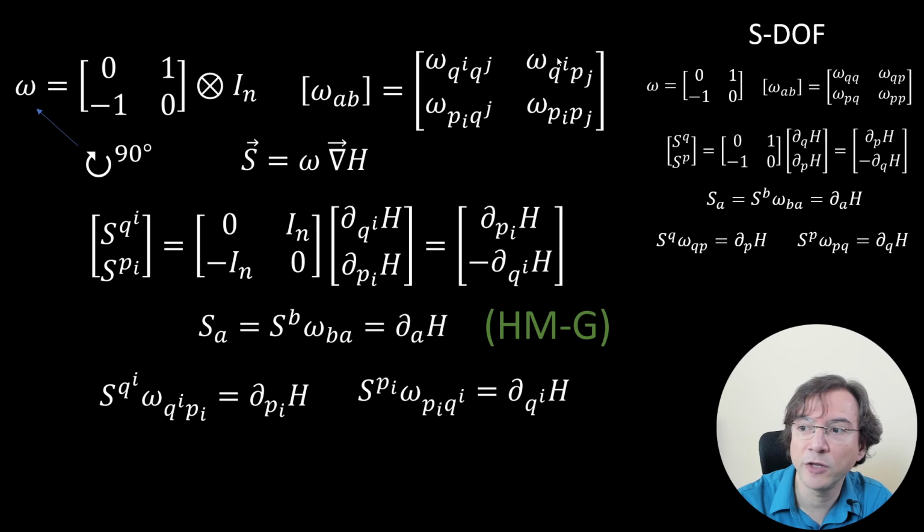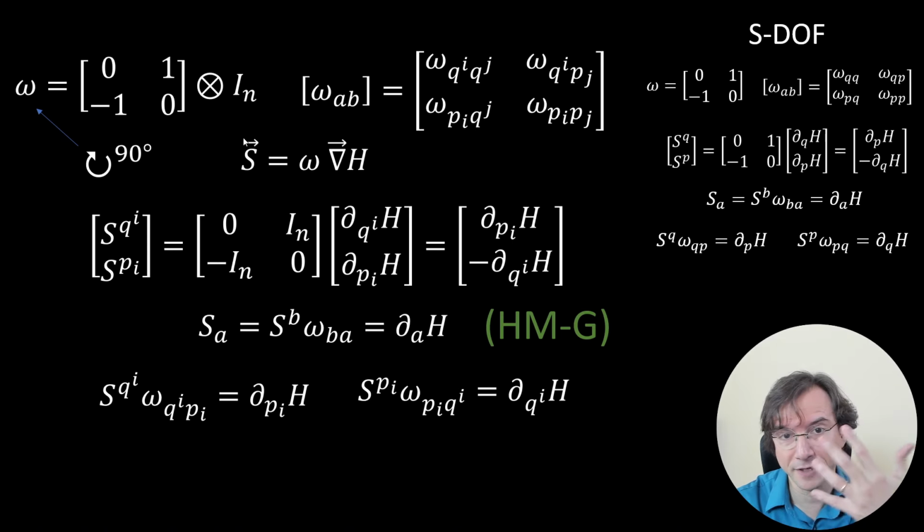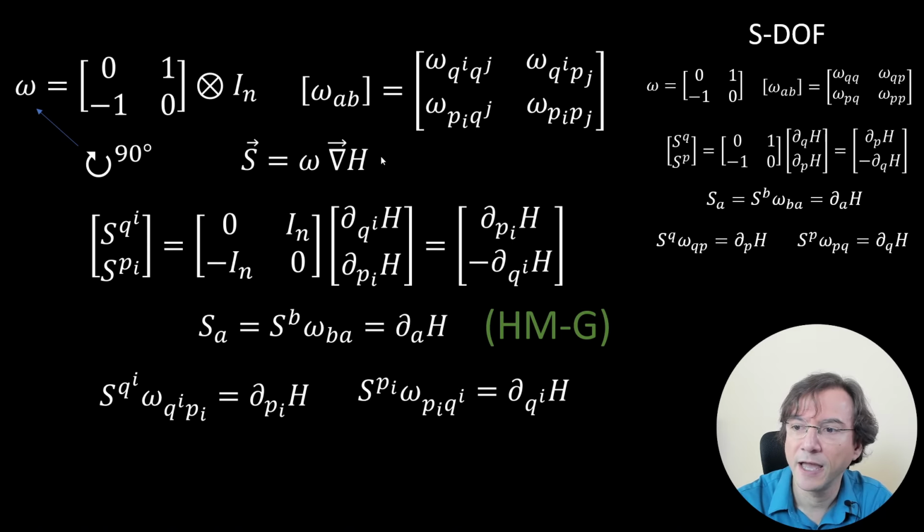So only when you have a matching I and J do you actually have something that is different than 0. And so now we can write that the displacement vector field that tells us where things are going is the gradient of the Hamiltonian rotated 90 degrees with this rotation.